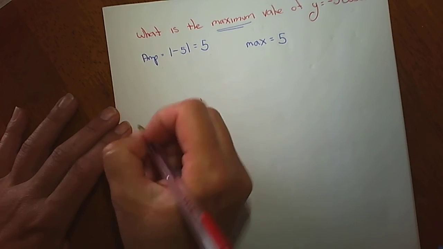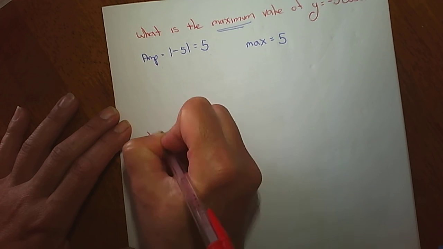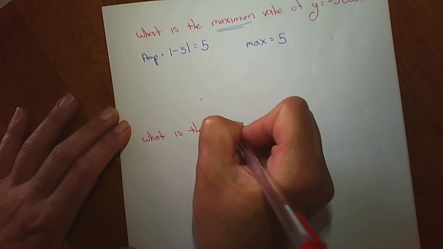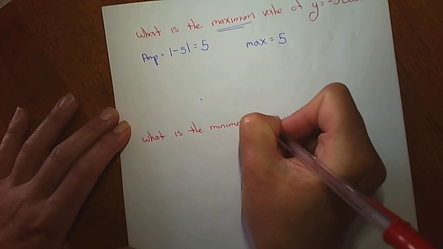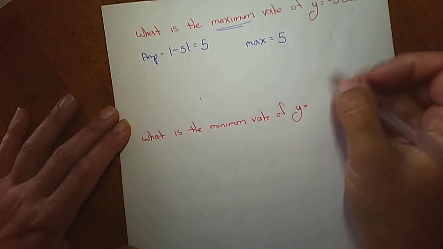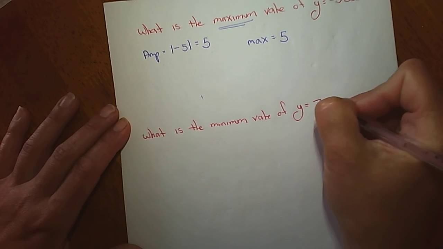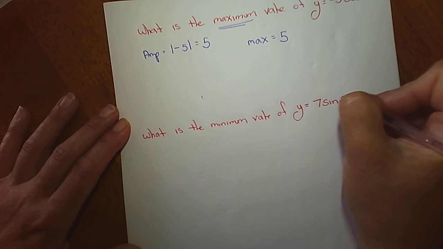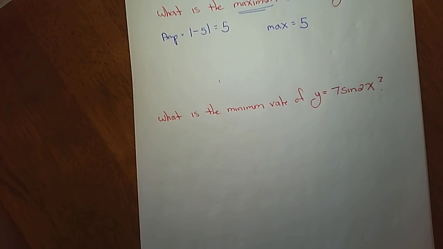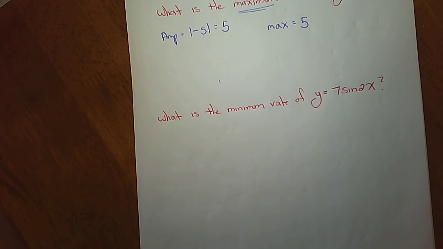All right, one more. What is the minimum value of y equals, I don't know, 7 sine 2x? Right? So take a minute and see if you can come up with that one.